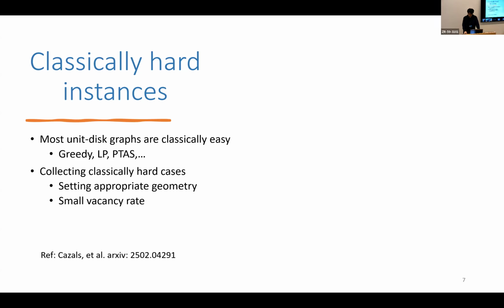Remember, most of the instances of unit disk graphs are classically easy. So it's very hard to directly sample, like randomly choosing some geometry, to find classically hard instances.